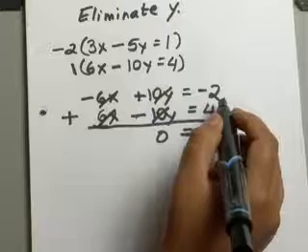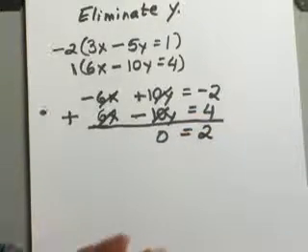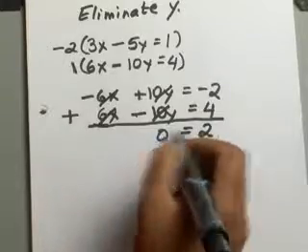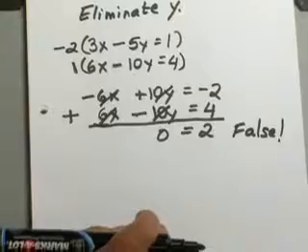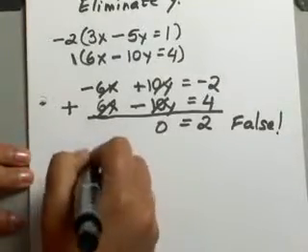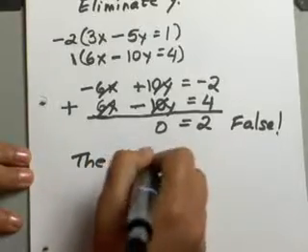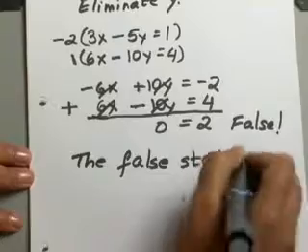On the other side, you have negative 2 and 4, which add up to give you 2. So in this case, you ended up with 0 equals 2, which of course is a false statement. So when you end up with a false statement, that indicates that you have no solution, which means that the two lines are parallel lines.